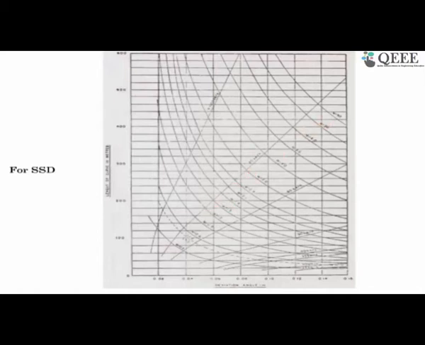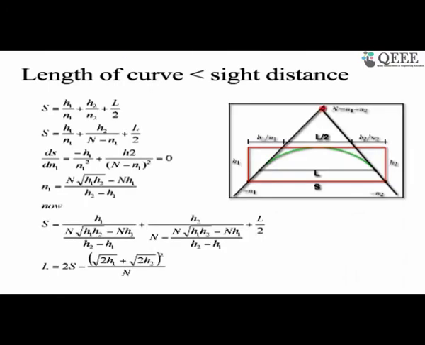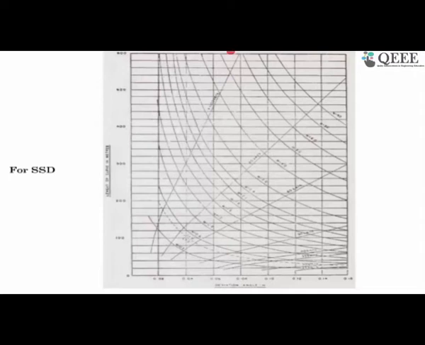M is nothing but, I'll go back to this curve, the distance from the change in gradient to the top of the curve. If we know this distance, then we can find out the length of the curve, or if you want to lay out the curve, you can find it this way.